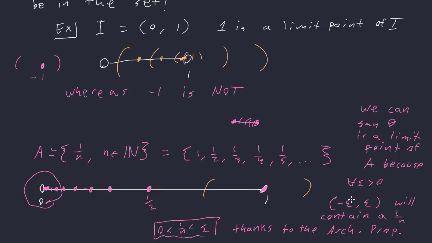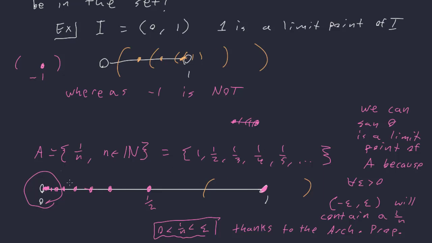So 0 would be a limit point of this set, even though we're not talking about a big portion of the real line like we had before.